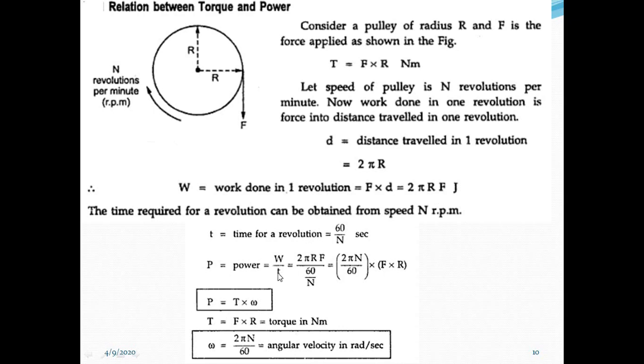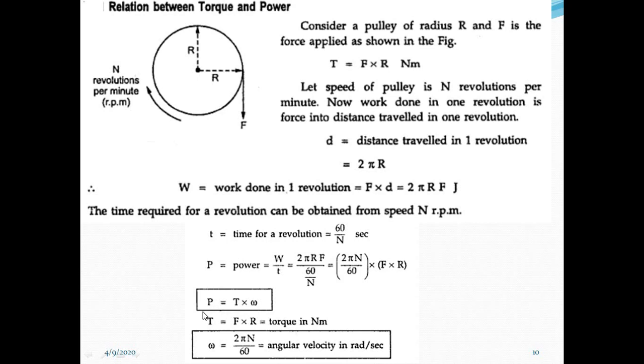Now we have to find out the time required for pulley to complete 1 revolution. Now for n revolution, the time is 1 minute, that is 60 seconds. So for 1 revolution, what is the time? That is 60 upon n. So power is equal to 2 pi n by 60 into F into R. Now this 2 pi n by 60 is nothing but angular velocity and F into R is nothing but the torque.